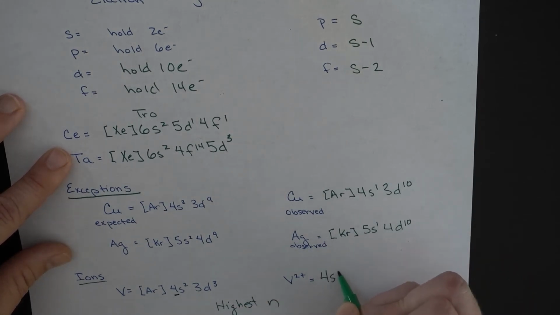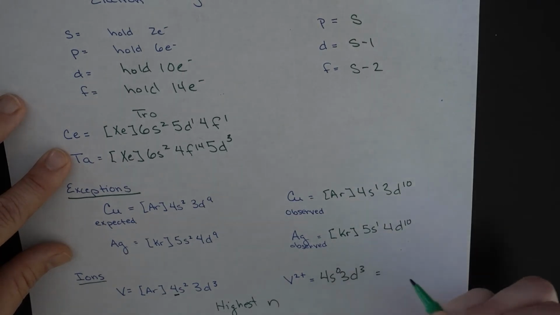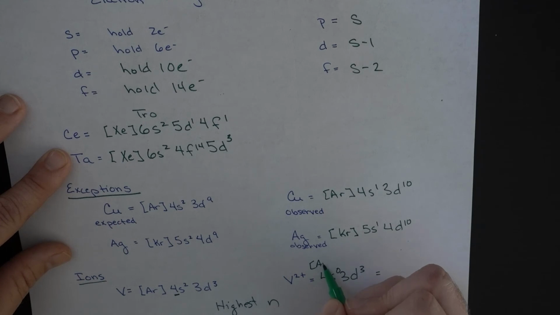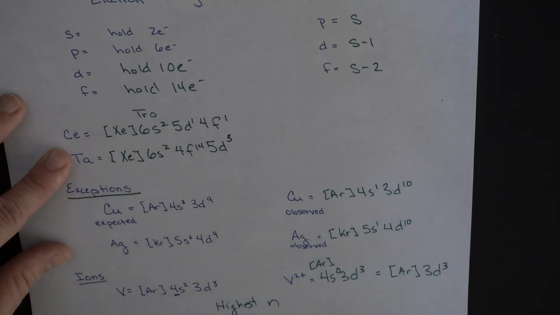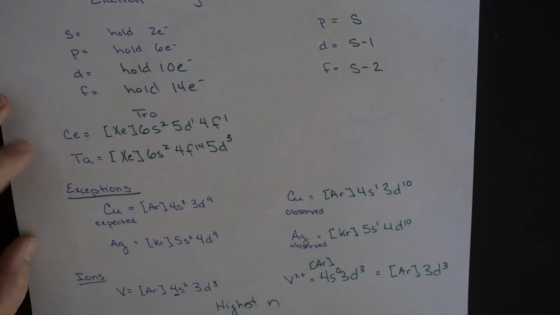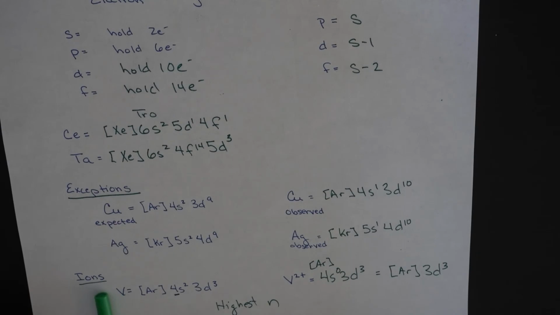So this would be 4s0 3d3, and the way that's really written is argon 3d3. Okay, those are some exceptions you're going to want to pay attention to, and ions especially. These are things that you will see on homework and quizzes and tests. So good luck.